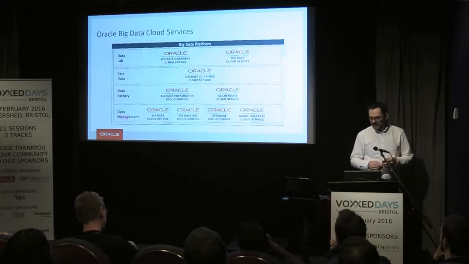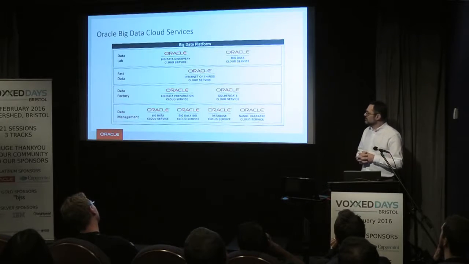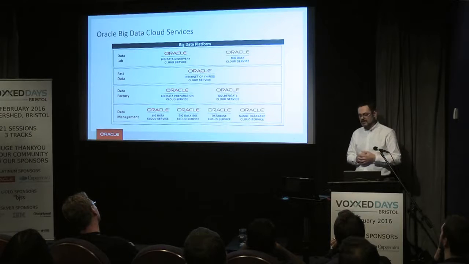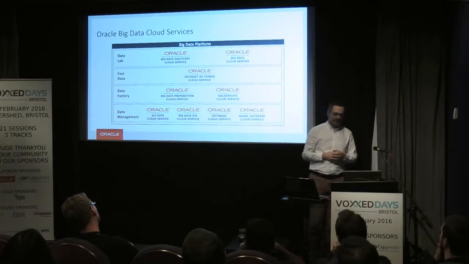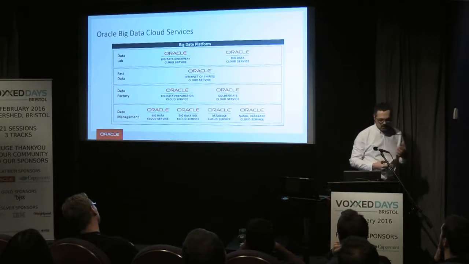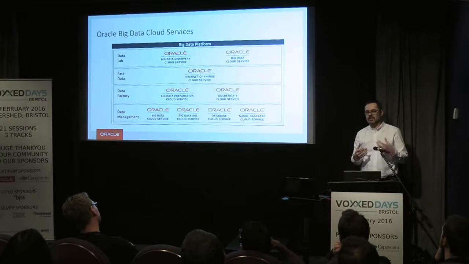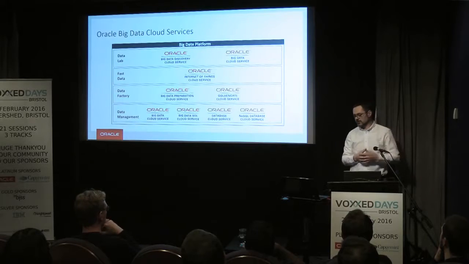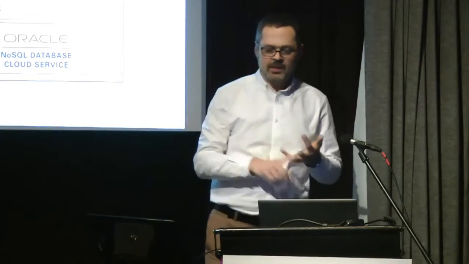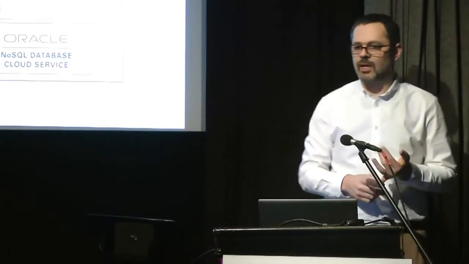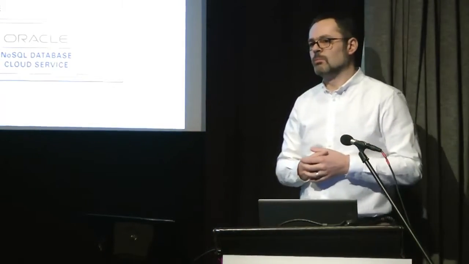So here we've got what we're going to focus on today. This is our big data cloud services stack. So each of the layers within a typical big data operation where you're trying to get the data in, so you've got a variety of data sources. What is it? Velocity, variety, volume, possibly another V as well, which defines what big data is.